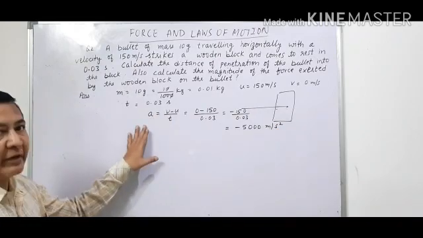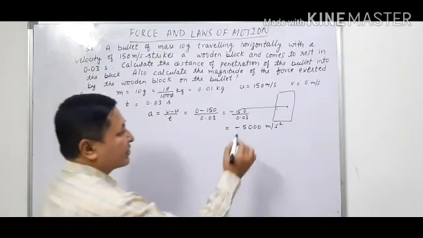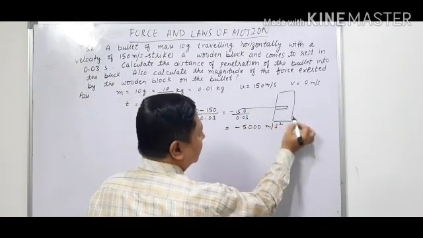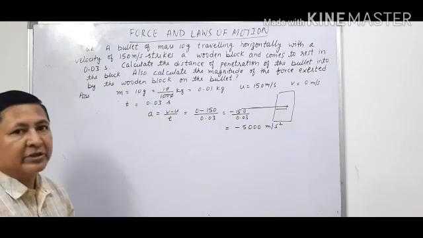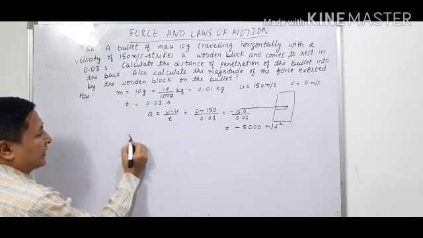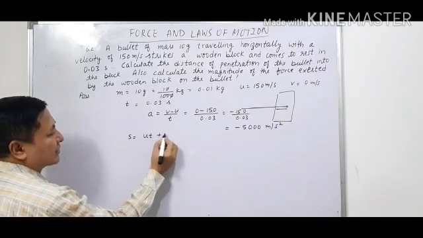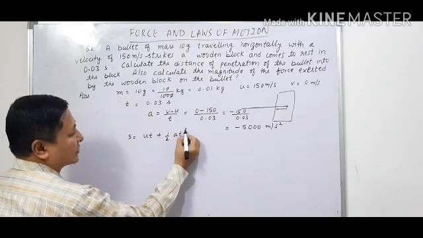Okay, now we have to find how much distance it will penetrate into the wood. This is a wooden block. How much distance will it penetrate into the wood? We can do that by using the formula s is equal to ut plus half at square.